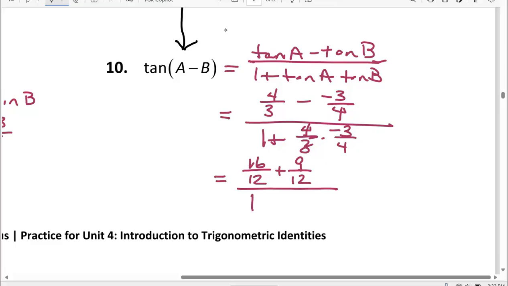And downstairs we have 1 plus 4/3 times -3/4, which is -1. So 1 plus -1, and that's going to give us a 0 in the denominator. So that's going to be an undefined result.